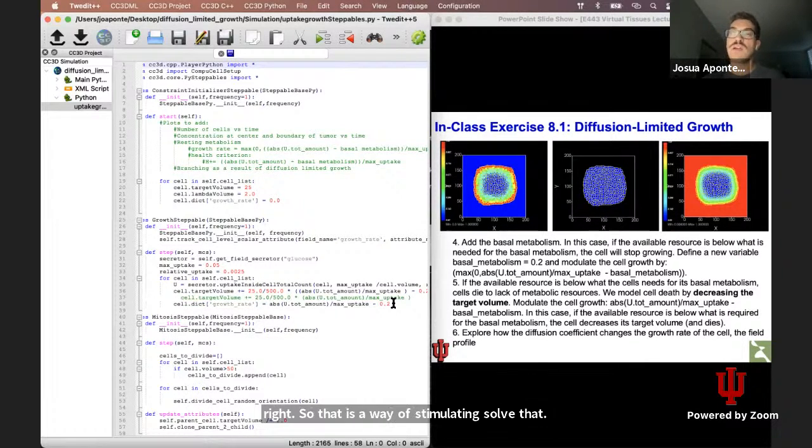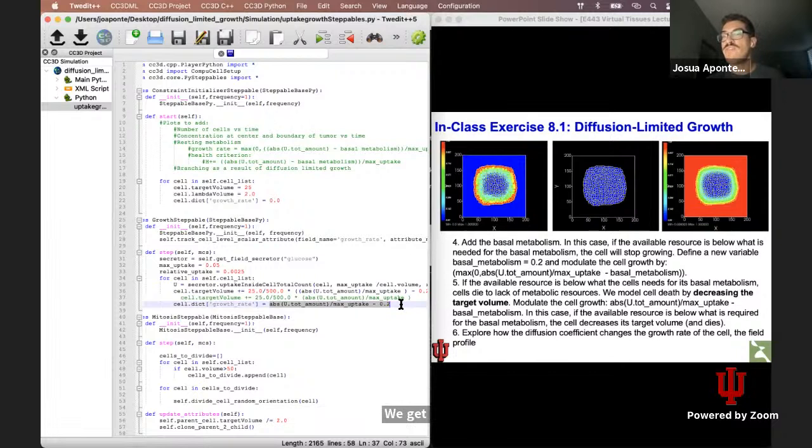If we simulate cell growth and proliferation by increasing the target volume, we simulate cell death by decreasing its target volume. And this particular function will ensure that if the uptake is above a particular level, we get an increase in the target volume.